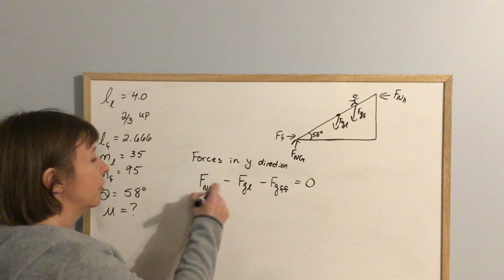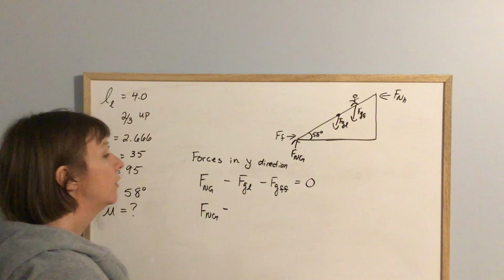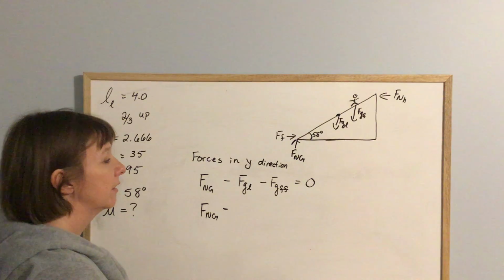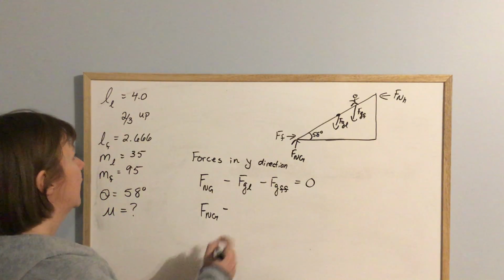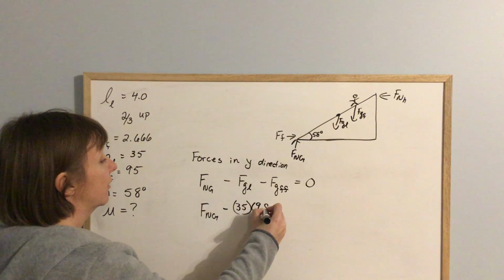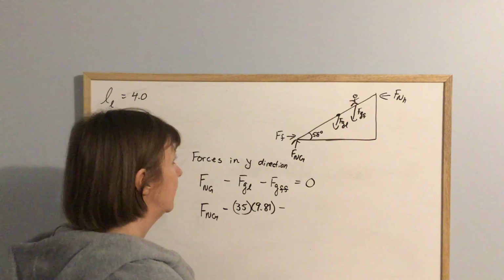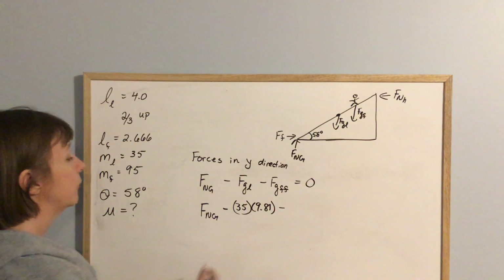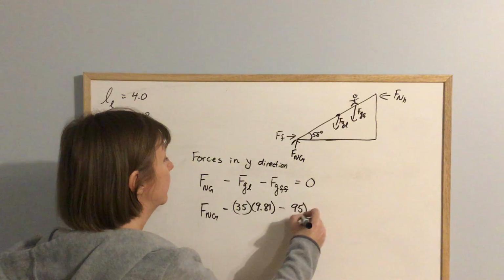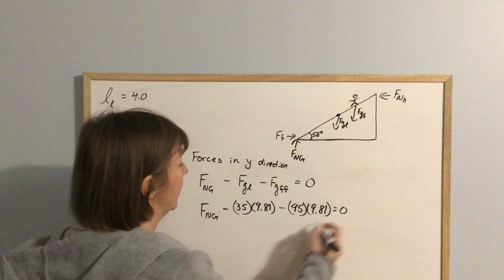So there's no formula for this. But the force of gravity on the ladder is the mass of the ladder, which is 35, times acceleration due to gravity, which is 9.81. The force of gravity on the firefighter is the mass of the firefighter, which is 95, times acceleration due to gravity, which is 9.81.